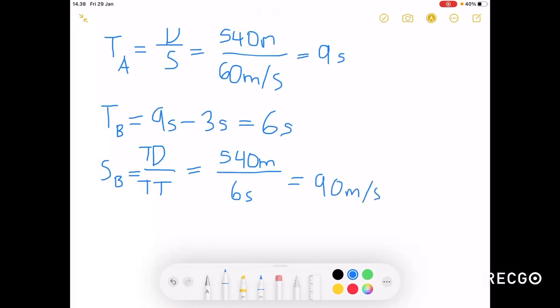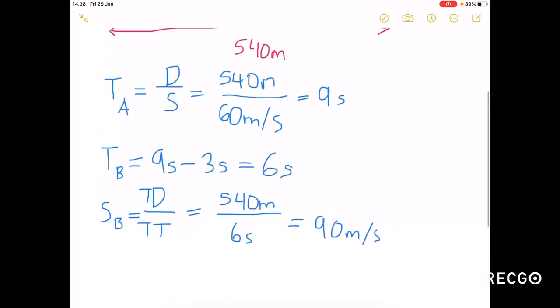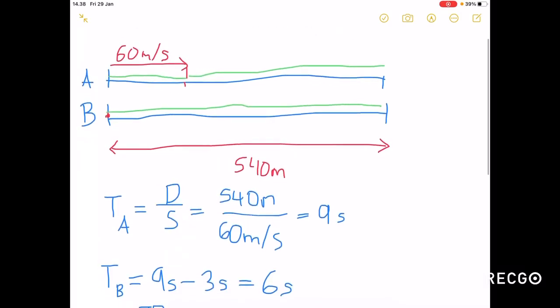So car B has to have an average speed of at least 90 meters per second to at least win the race or have a draw. Any slower, it will be too slow for car B to win, and any faster doesn't really matter because car B will still win anyway.